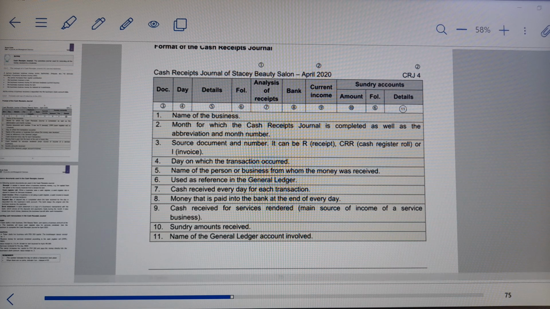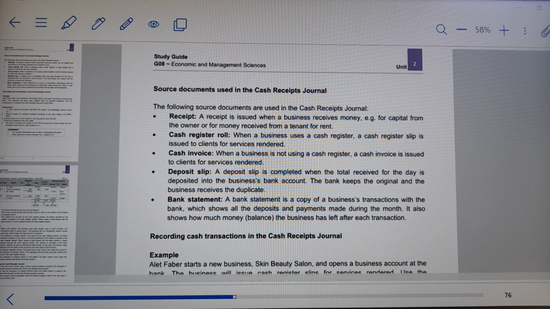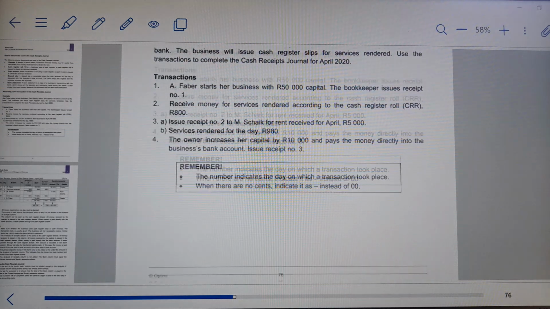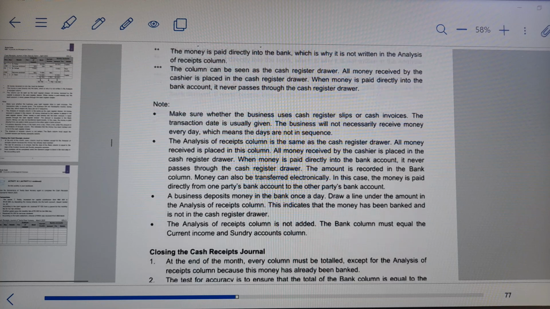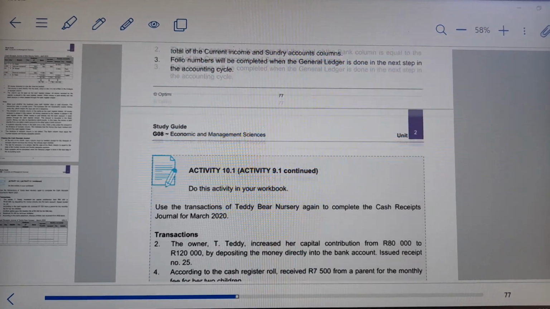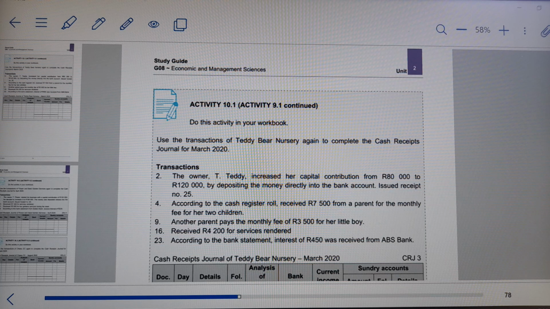So we have covered the example that they gave us. We had to put it there so that it can be on one page. Okay, so we have passed page 77. Now we have activity 10.1, and they gave us the transactions.